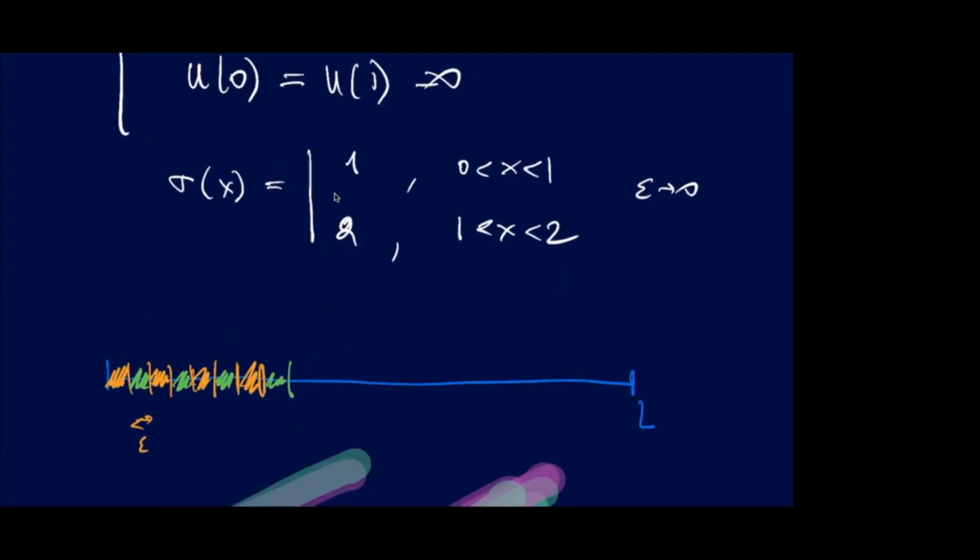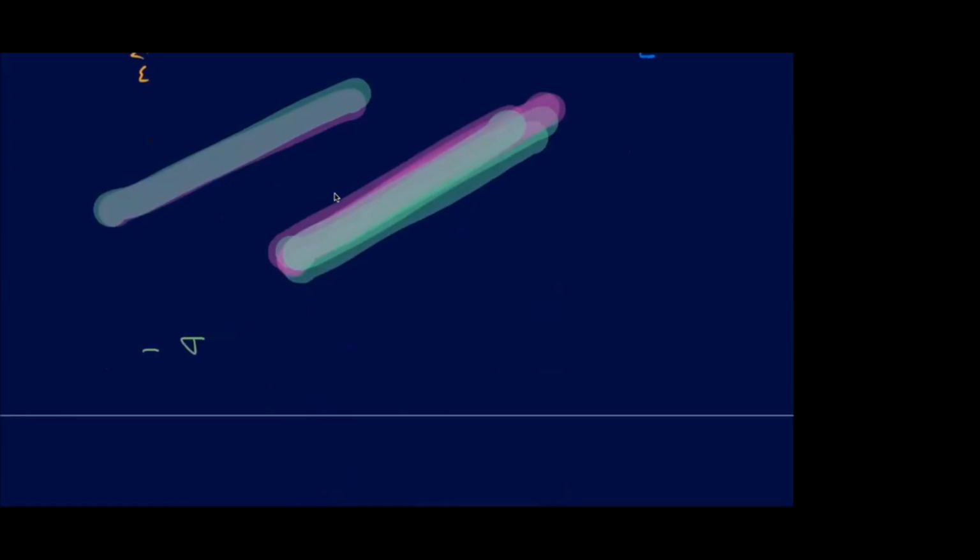What is the global effect you will see? Well, what you see is the following. You were trying to solve the equation minus sigma(x/epsilon) u_xx equal to 1. I ignore boundary conditions. You can fix them by adding some additive constants. This is not a problem.